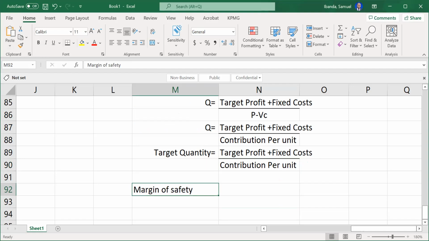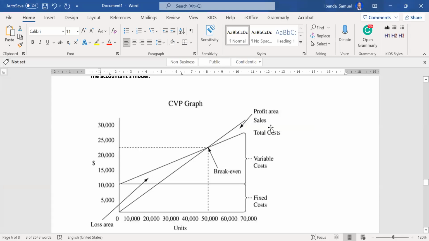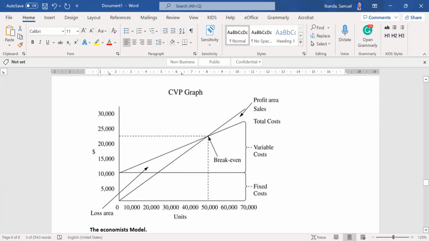Now, I hope you remember our curve, which I showed you. I'm going to bring this back to the screen. So looking at our curve here, we have what we call margin of safety.